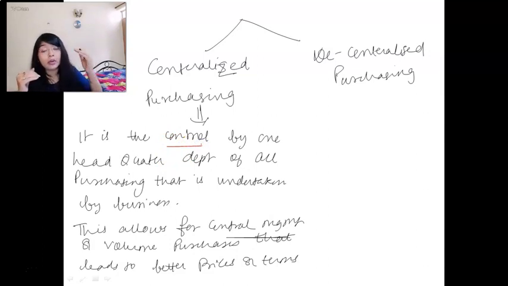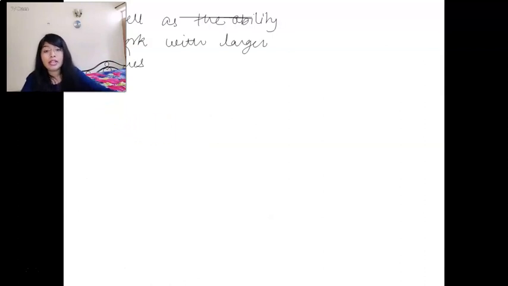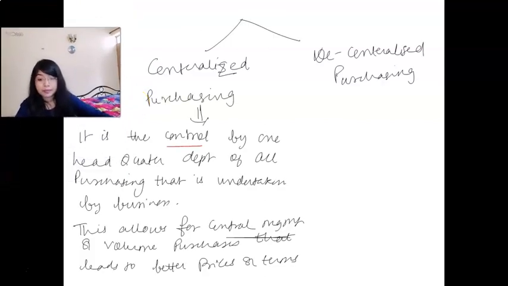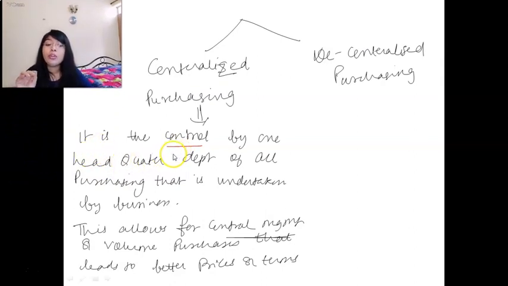The main head of the purchase department, following the hierarchy that we have studied, will see all the purchasing that is to be done in the organization, and will also decide the quantity of material to be ordered, the price at which it should be ordered, and the terms and conditions. So it is a control by the headquarter department of all the purchasing undertaken by the business, and this allows for central management.